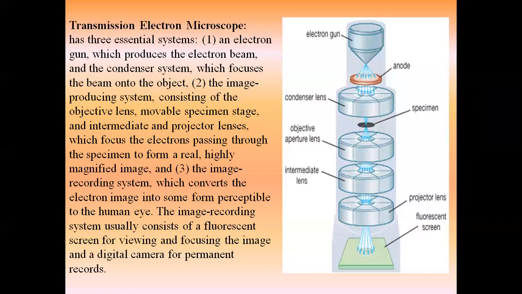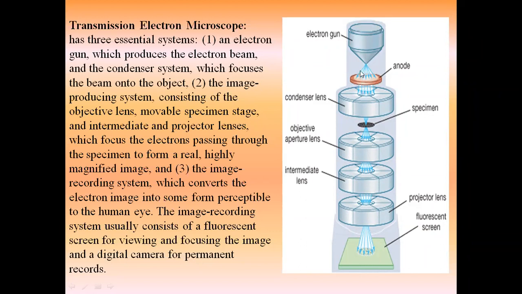They are released by the process of thermionic emission, because once the current is passed through the tungsten filament, the electrons are released from that place.